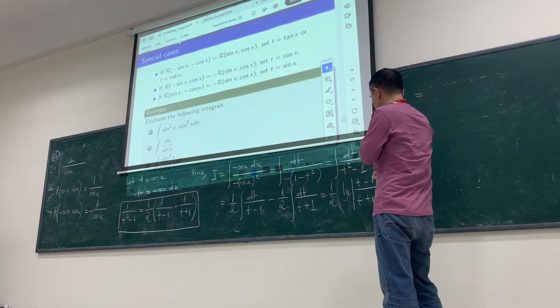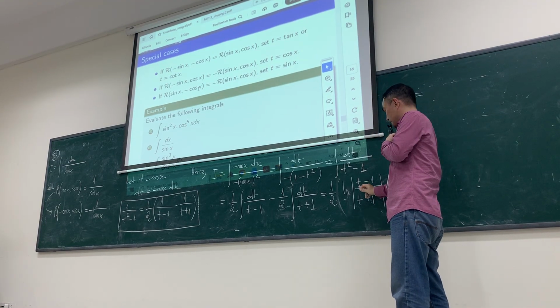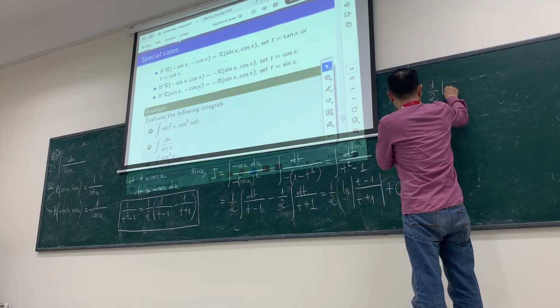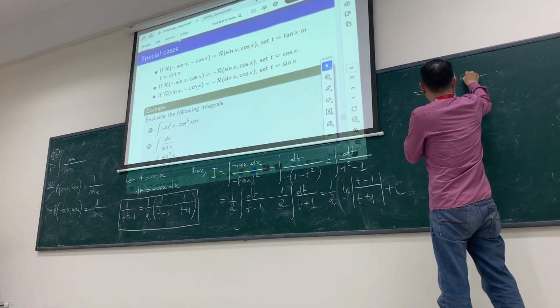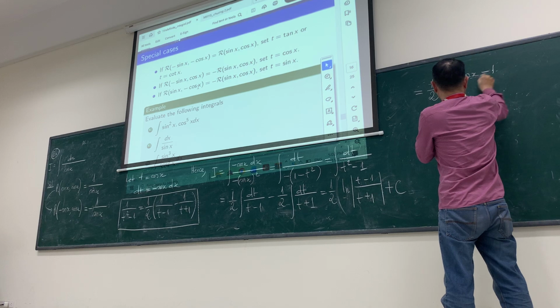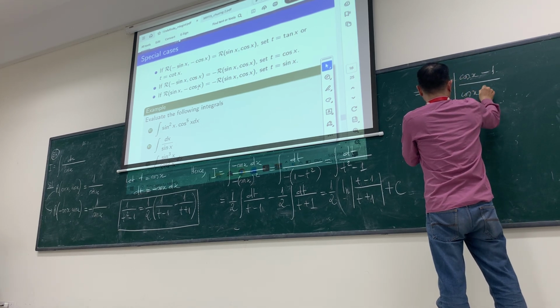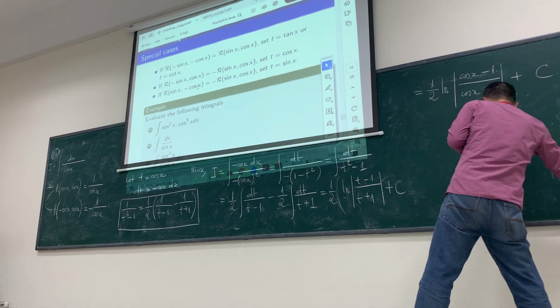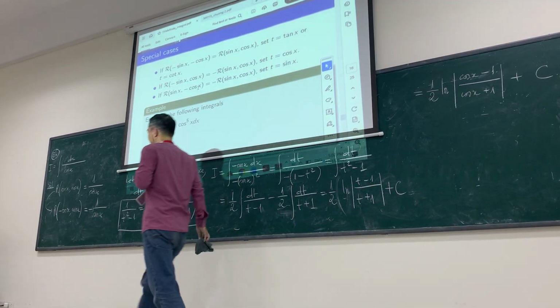Finally we need to replace t by cosine x: natural log absolute value of cosine x minus 1 over cosine x plus 1, plus c.